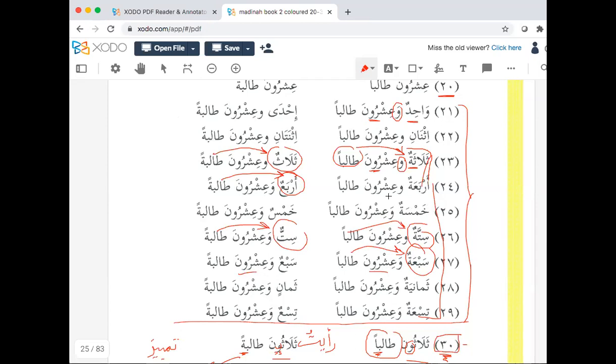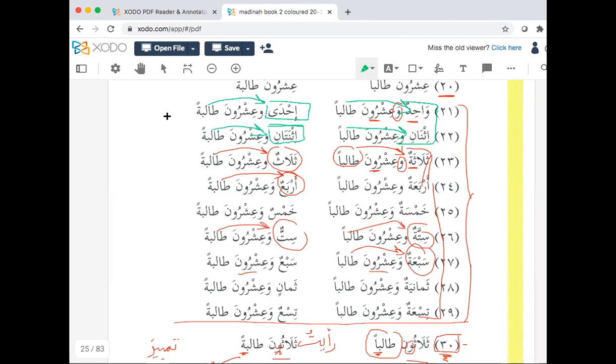Okay, now that was 3 to 9. You can notice, however, the 1 and the 2, yeah, لا يخالف, يوافق. 21 طالبا. 21 طالبة. 1 this is مؤنث. 22 طالبا. 22 طالبة.